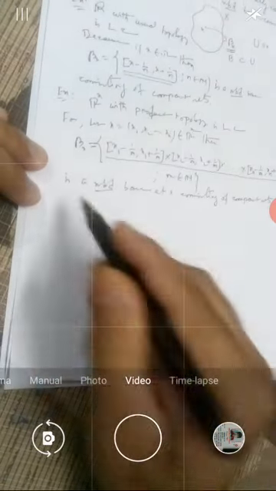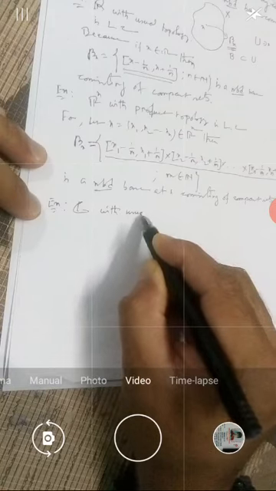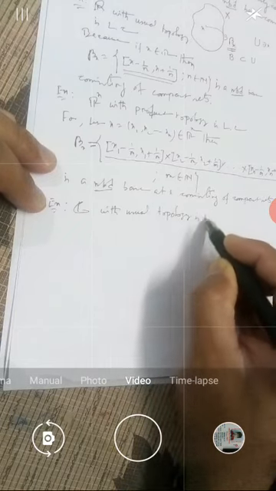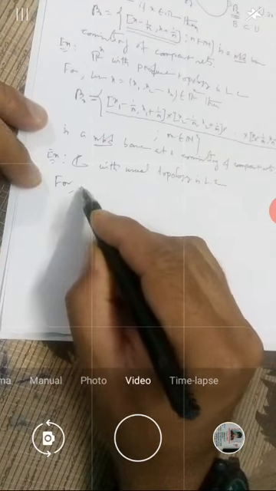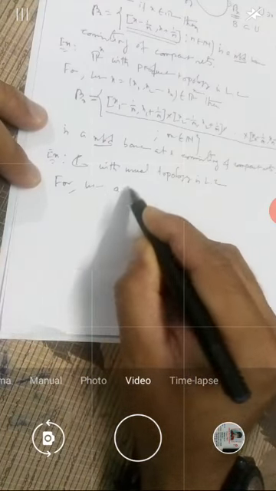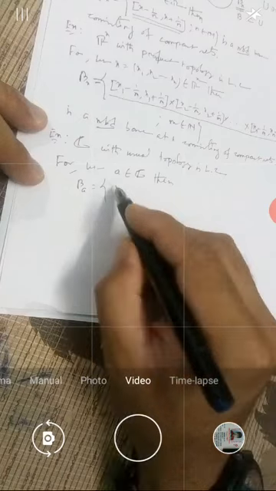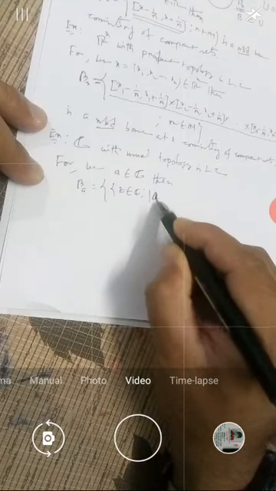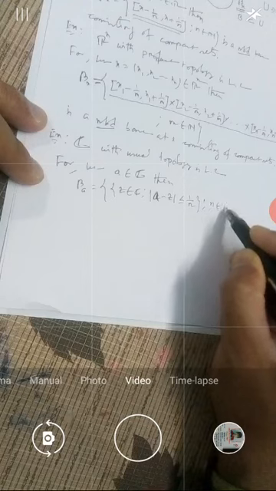And in particular, the space of complex numbers with the usual topology that we use in complex analysis is also locally compact, because let A be in C, then this beta A is the collection of all sets of the form Z in C such that the modulus of A minus Z is less than or equal to 1/n, where n is in the set of natural numbers.